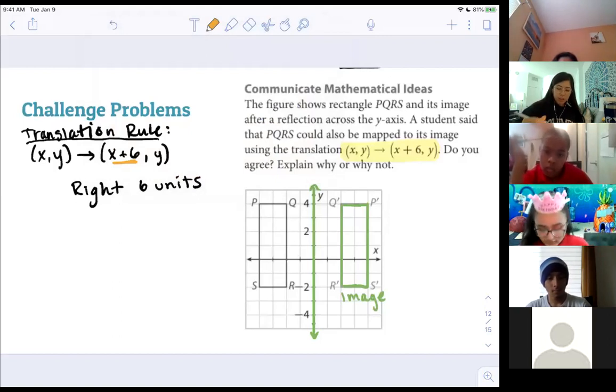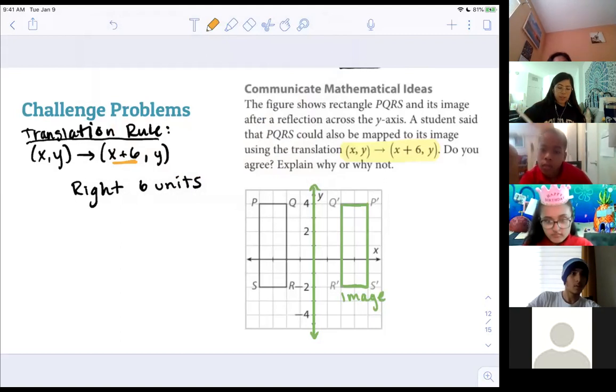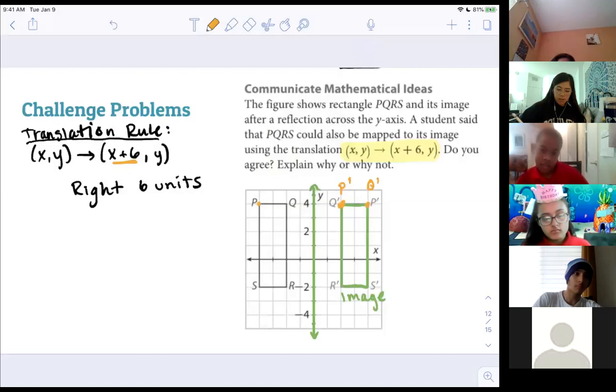So if you did a translation instead, and you took each point and you moved it 6 units to the right, P would end up where Q is. Q would end up where P is. S would end up where R is. And R would end up where S is.